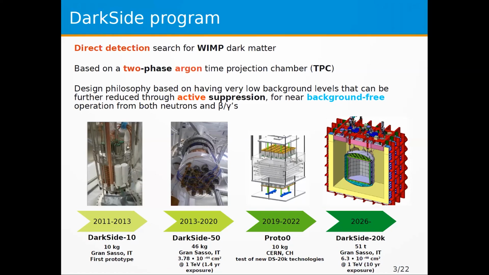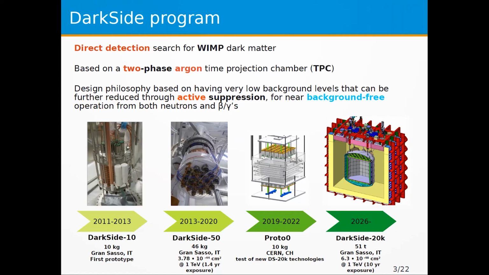So we started in 2011 with the first prototype, the DarkSide 10, which was a 10-kilogram prototype. Then it was followed by the DarkSide 50, 46 kilograms of liquid argon, also operated in Gran Sasso, Italy. But then the collaboration decided to push into building a bigger detector. Now the goal focuses on building the DarkSide 20K, which should have around 50 tons of liquid argon, 20 tons fiducial.